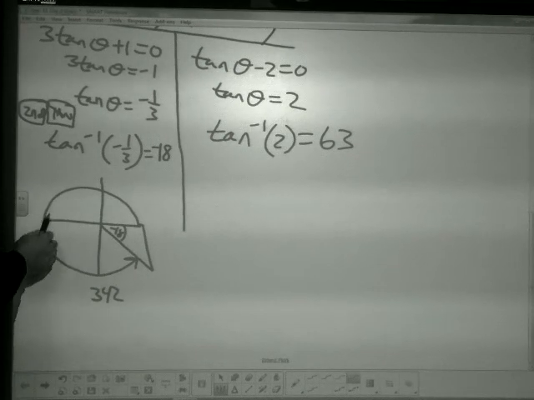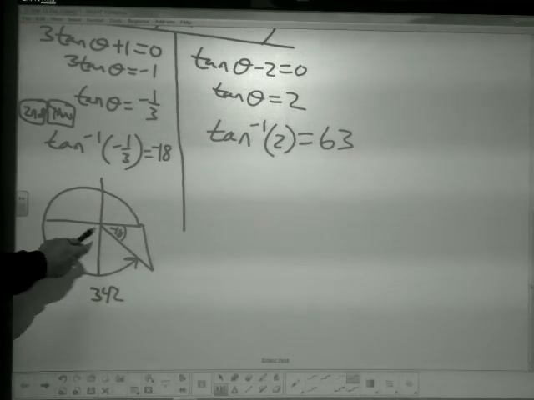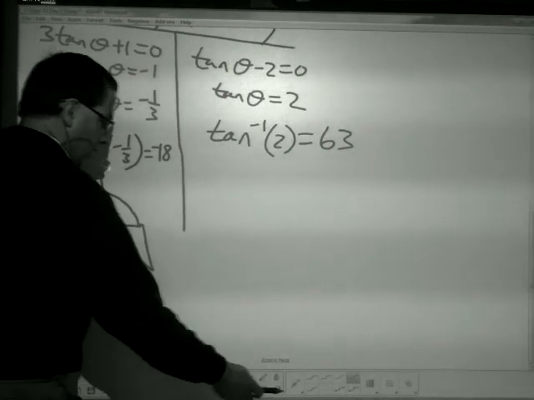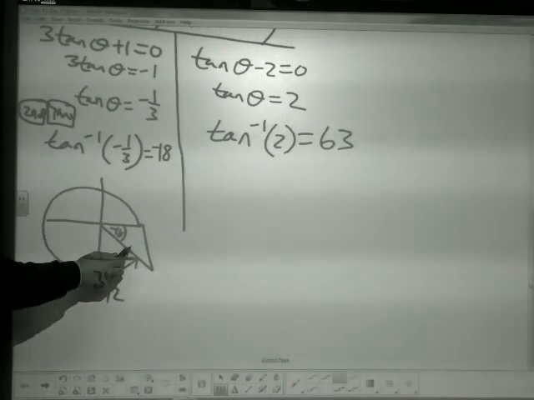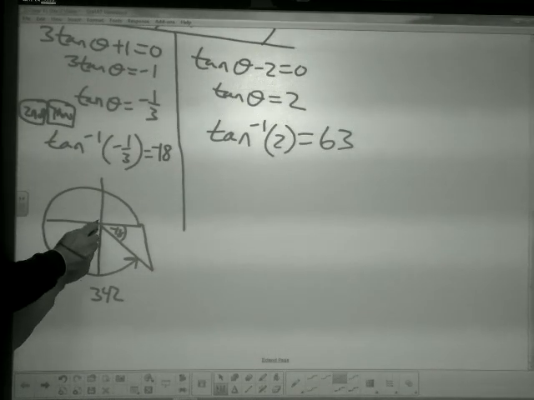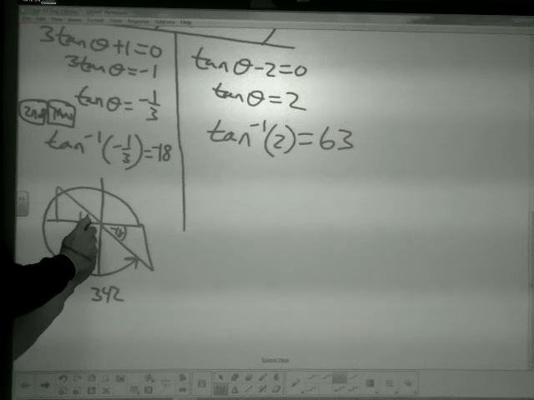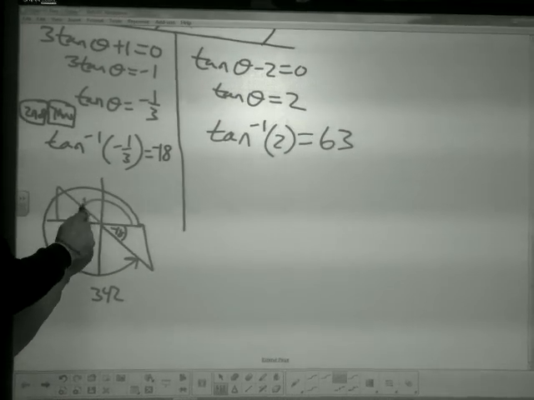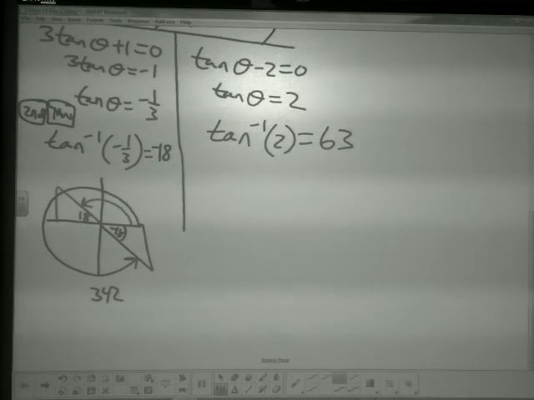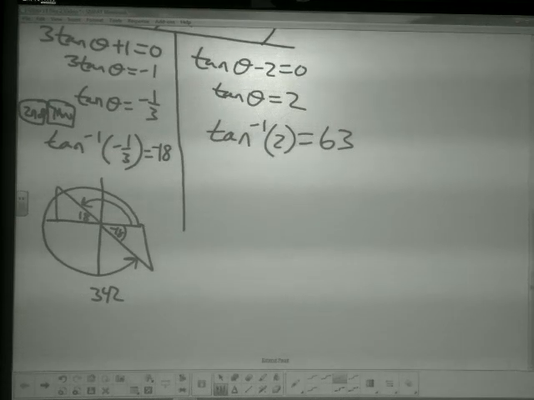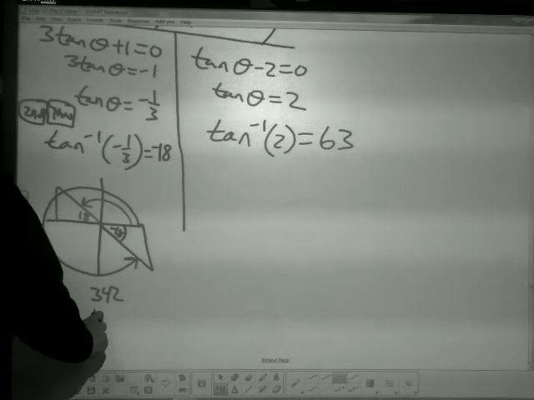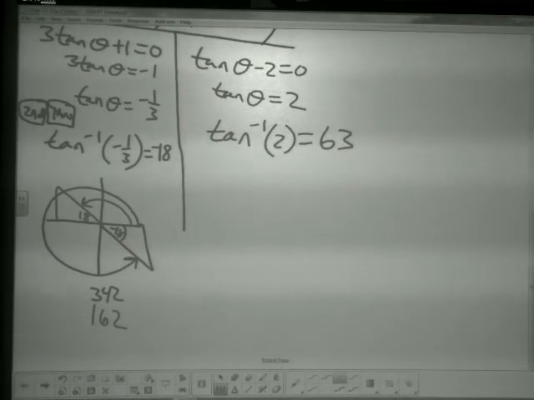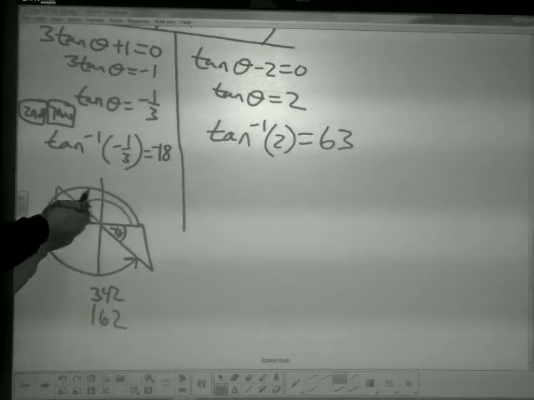So that's one of our answers, 342. Now, what other quadrant does tangent have the same type of answer in? The other quadrant for tangent is quadrant 2. Again, this would be an 18-degree reference angle, so this would be 180 minus 18, which is 162. So there's two answers for this.